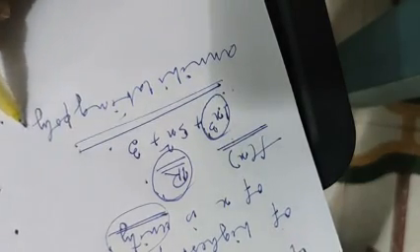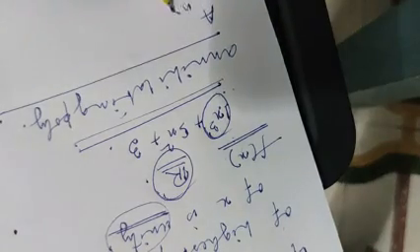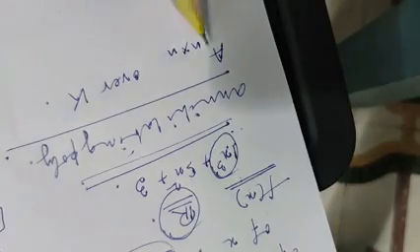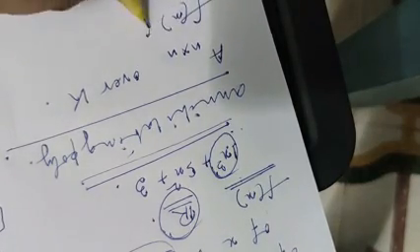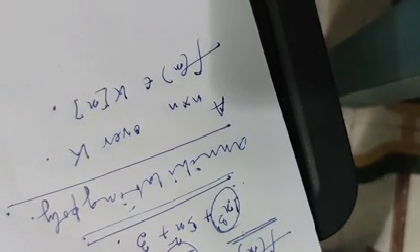An annihilating polynomial: suppose A is a square matrix of order n over a field K, and f(x) is any polynomial over the field K, that is, f(x) belongs to K[x].